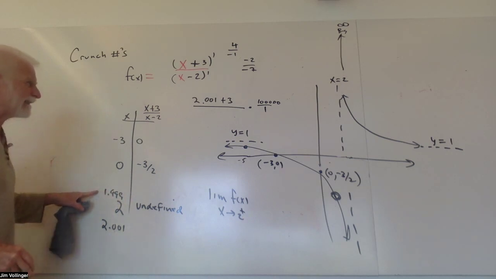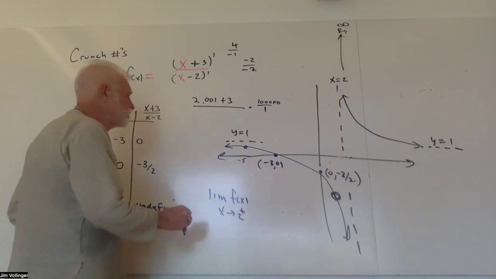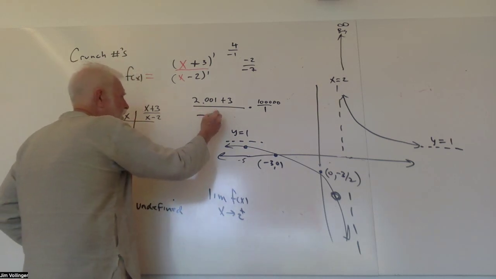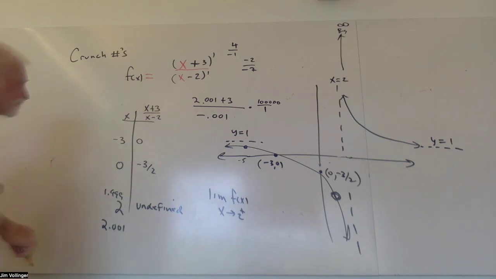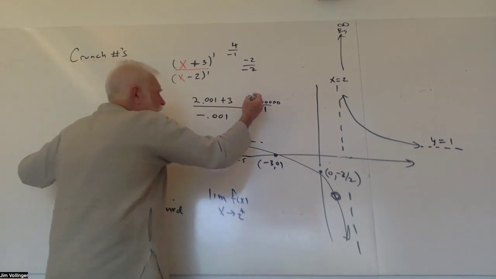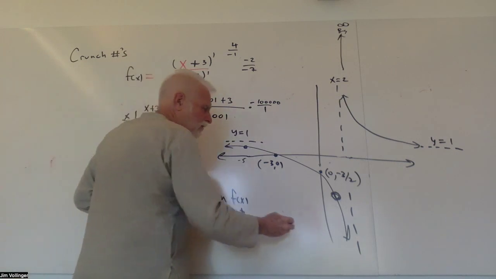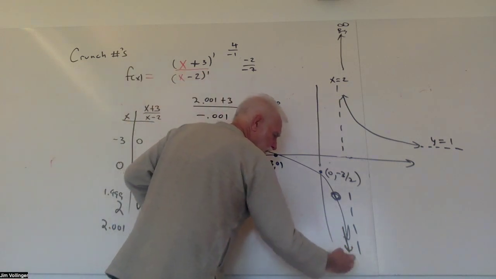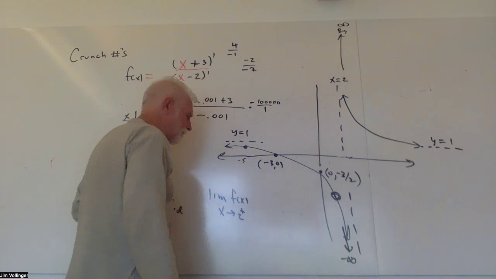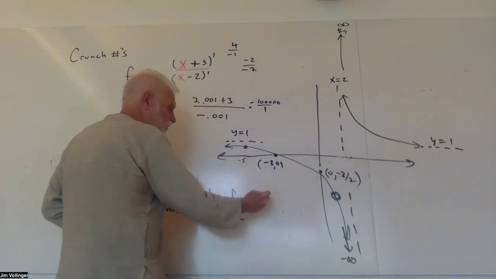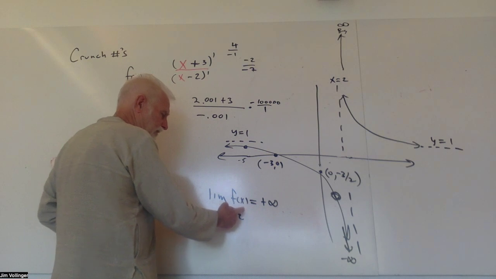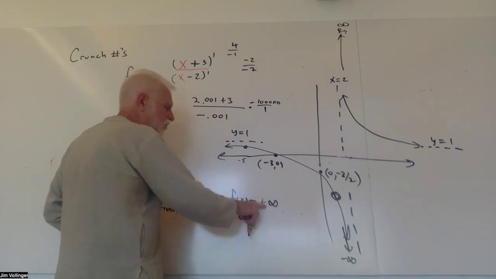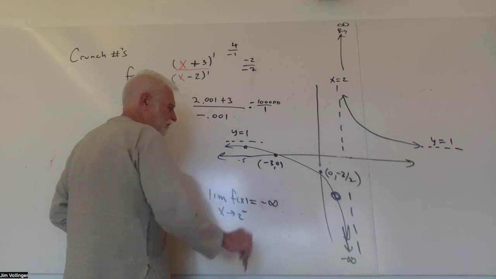And if we did that, the only thing that would change is -0.001. Which means I'd be multiplying by -1,000, and that would be heading towards negative infinity. But this one headed towards positive infinity. If I put a negative sign there, I would have been heading towards negative infinity.